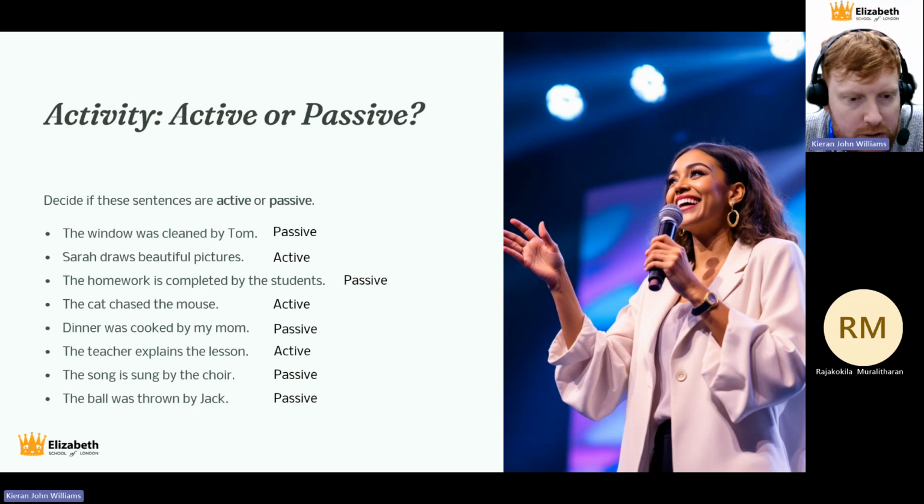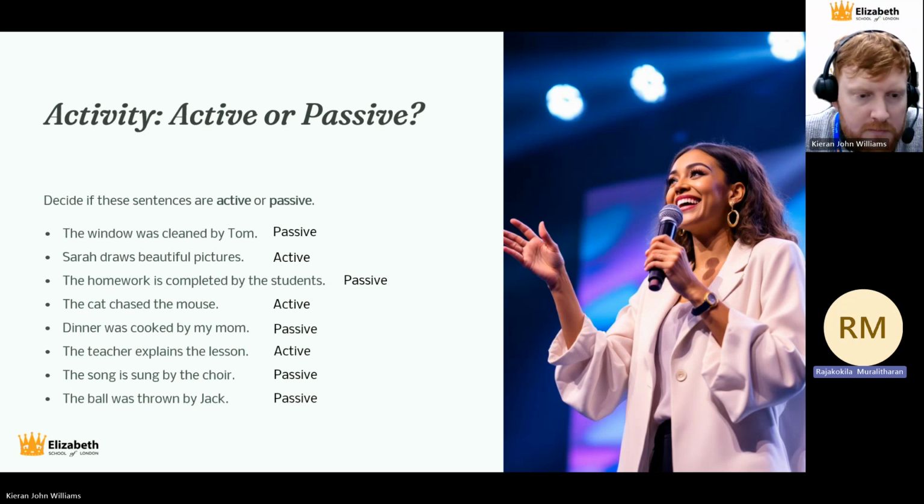Sarah draws beautiful pictures. Sarah is the subject. Pictures is an object. Draws is a verb. And beautiful is also a verb, feeling like.